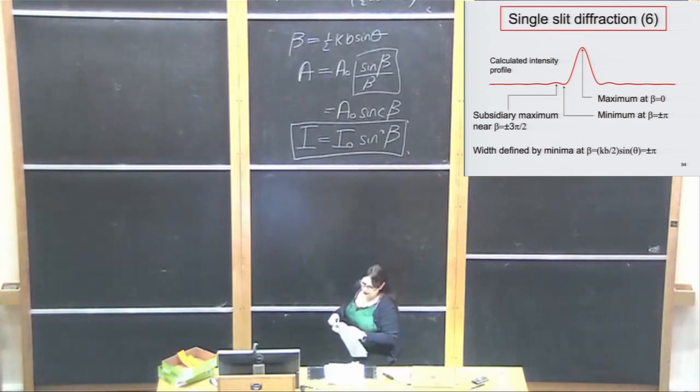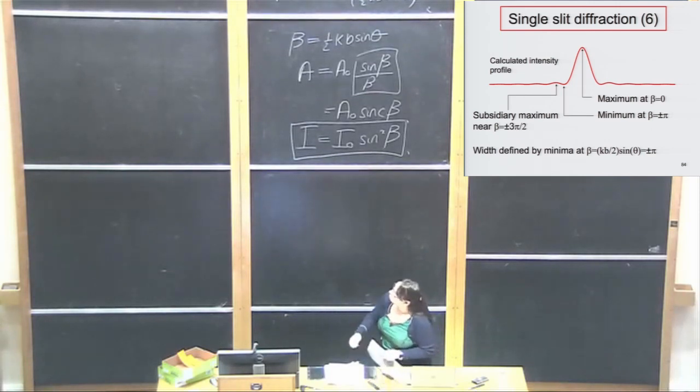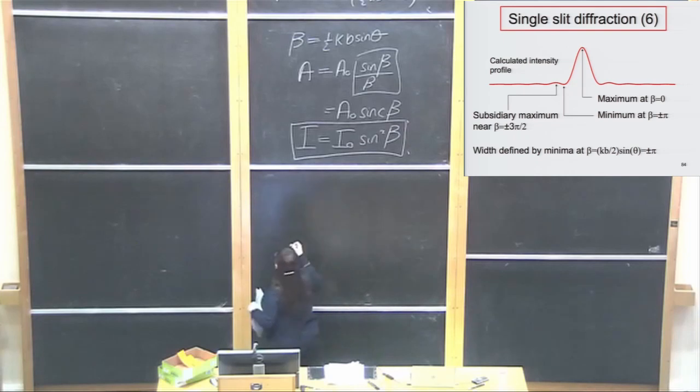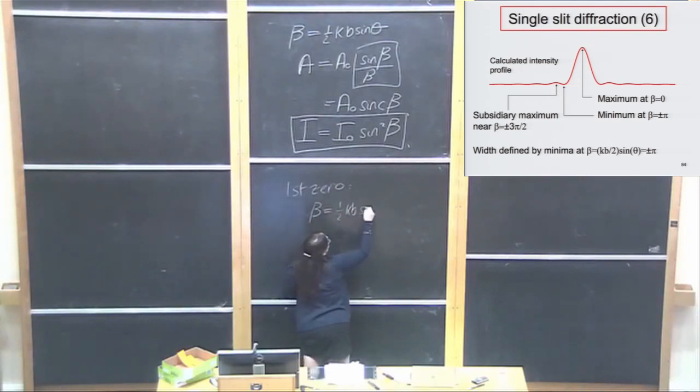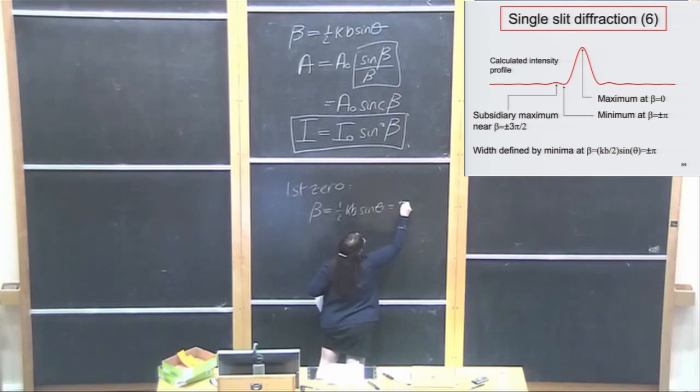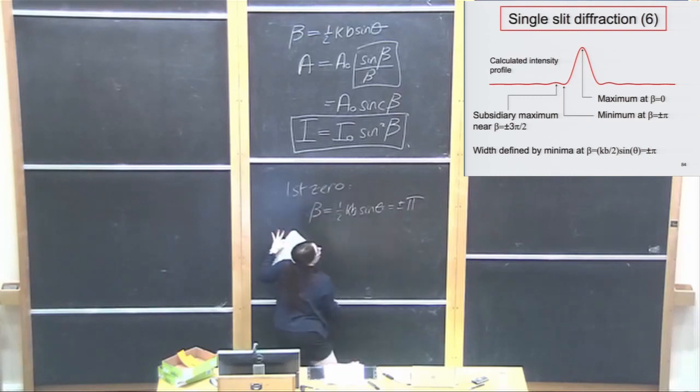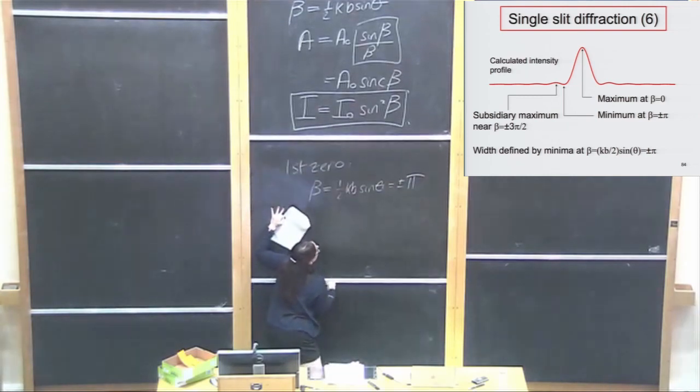Right, so let's look at where the first zero in intensity happens. That happens when sine beta goes to 0 for the next time, not another centre. So let's say beta, which equals half kb sine theta, equals plus or minus pi. That's when it'll go to 0 either side of that central peak.